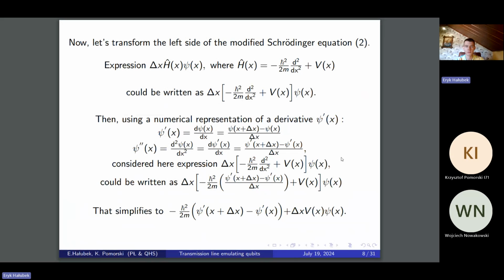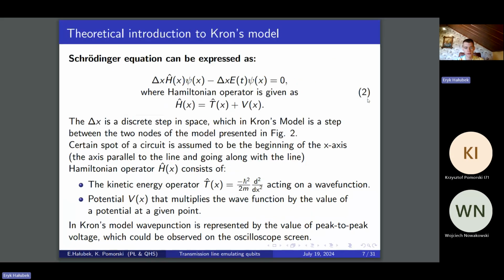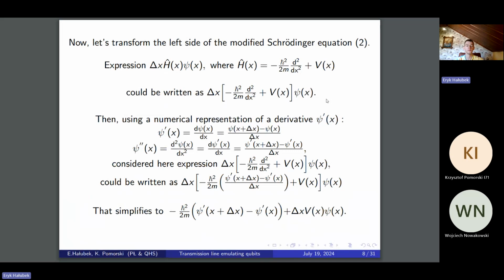So transforming the second equation here, we could write the Hamilton operator h of x acting on psi of x as delta x times minus h bar squared divided by 2m times d squared by dx squared plus v of x, which is a potential, times psi of x.